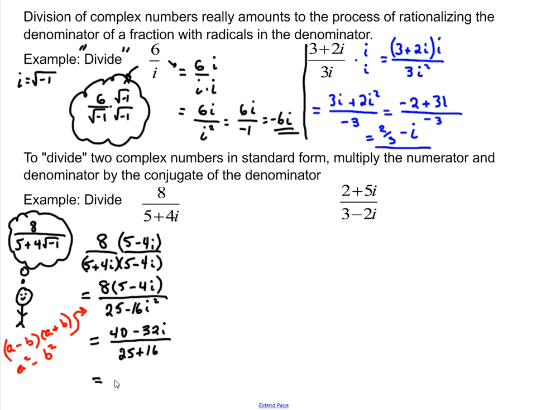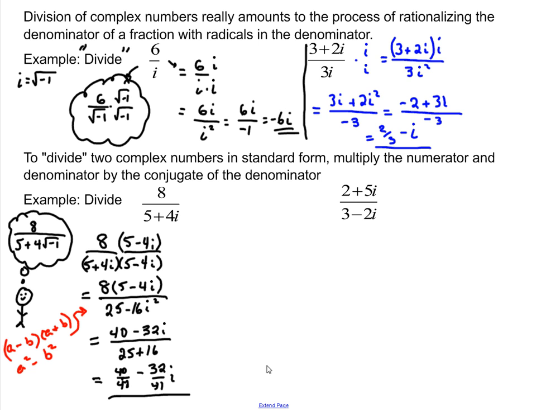So what we're really going to end up with here looks like this: 40 41sts minus 32 41sts i. A complex number in standard form right there.